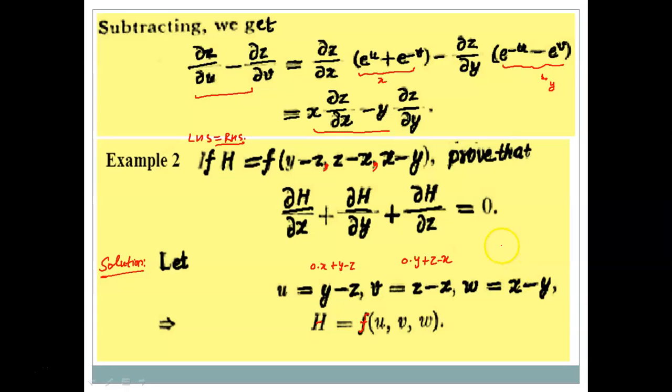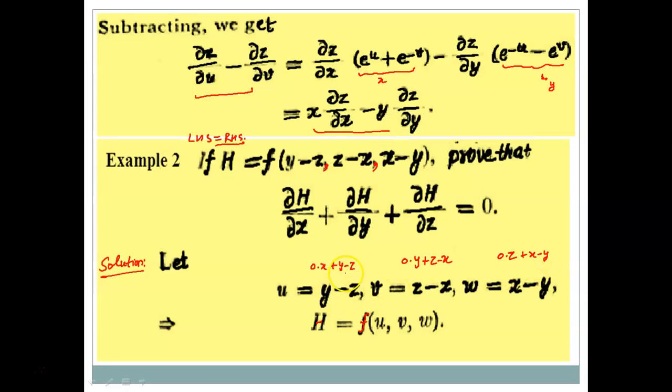And in the same manner, you can write here 0 into z plus x minus y. We are showing here z and here y and here x, so that all of these three variables u, v, and w will be appearing as functions of three variables x, y, and z.